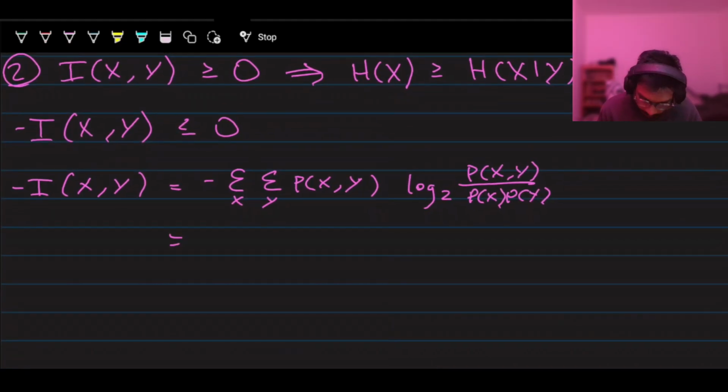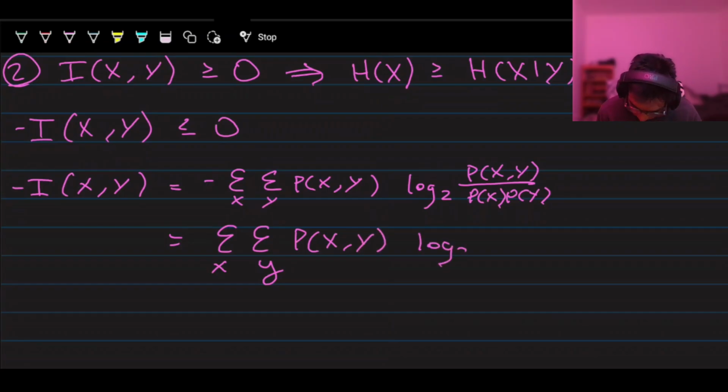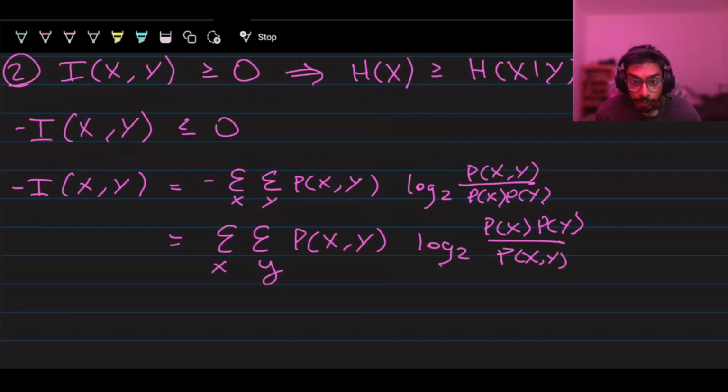We can bring the negative inside the log and switch the numerator and denominator, so we get the log base 2 of p of x, p of y over p of x, y.